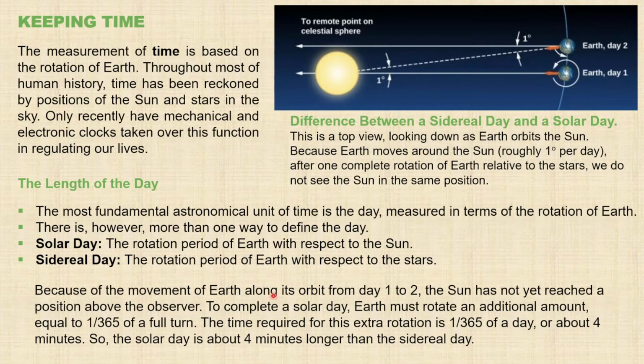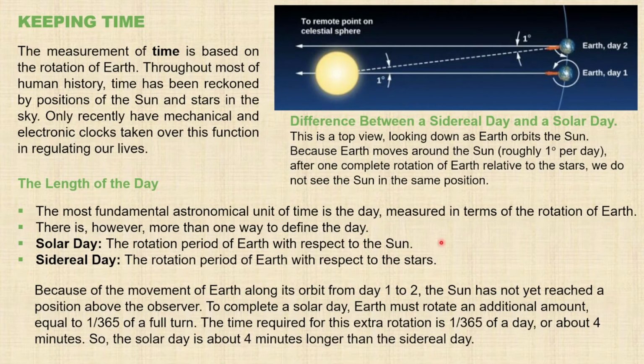So the sidereal day is measured with respect to the stars. But measuring day in terms of the Sun makes more sense because it has more effect in our day-to-day life.